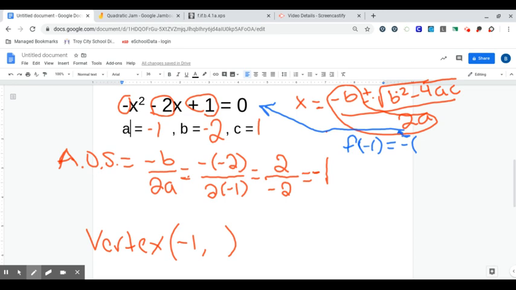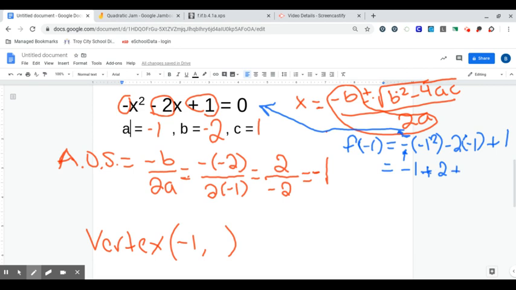So I get a -1 squared minus 2 times -1 plus 1. All right, and when I do that, I get -1 squared to +1, but it's times this negative on the outside. It gives me -1. -2 times -1 gives me a +2.